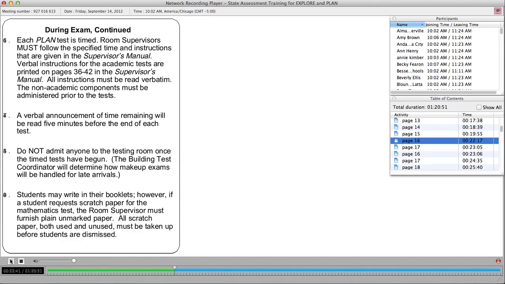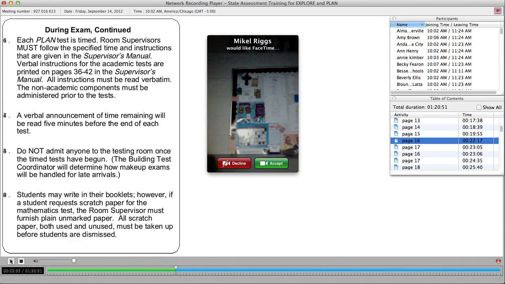For Explore, all the academic tests are 30 minutes, but in Plan, those are different. The English test is 30 minutes, the math test is 40, and then the others have, I think, 25 minutes. But just the teacher or room supervisor must read directly from the room supervisor's manual.